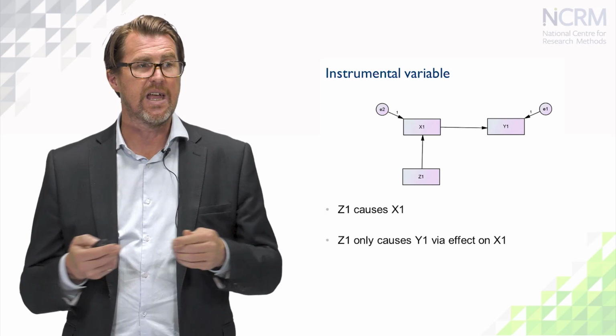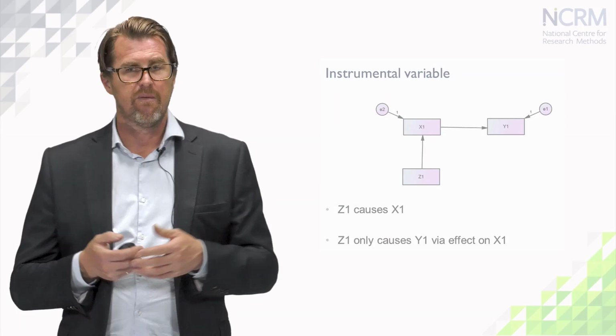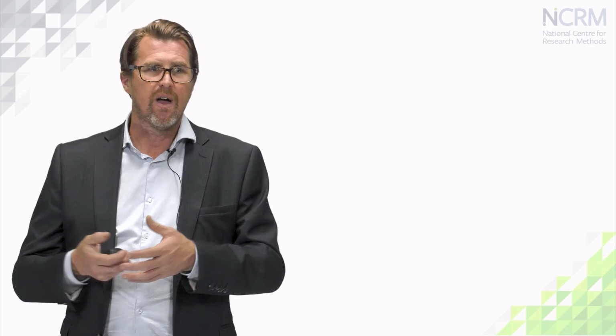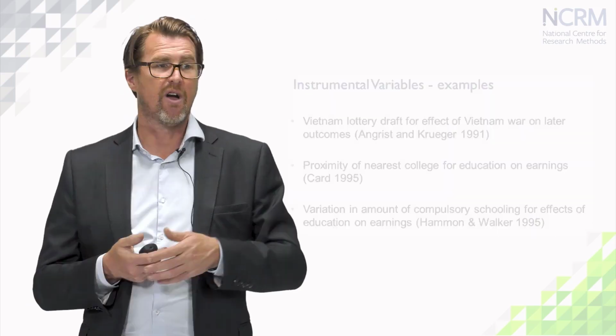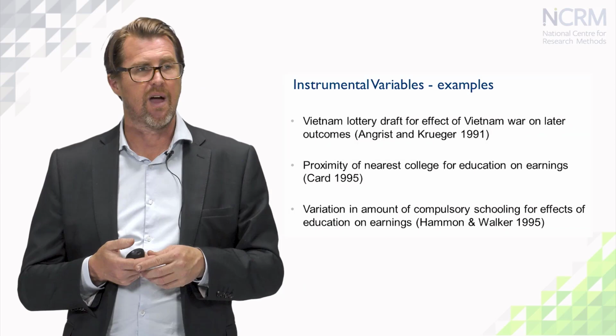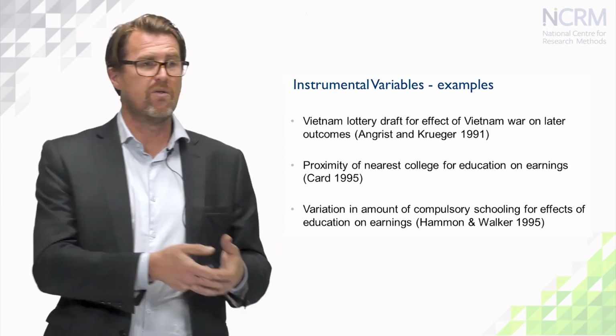As I said, there are many papers, particularly in economics, which have used natural variability, natural experiments, if you like. And one example is the Vietnam lottery draft, which determined whether US citizens were allocated to go to Vietnam or not. This was done on the basis of a random lottery.